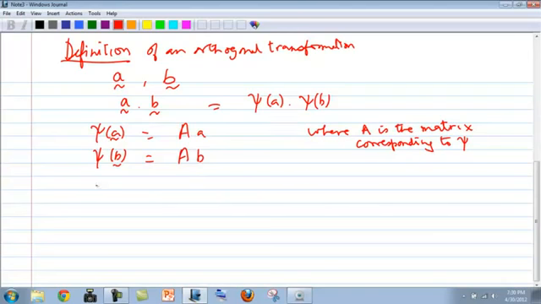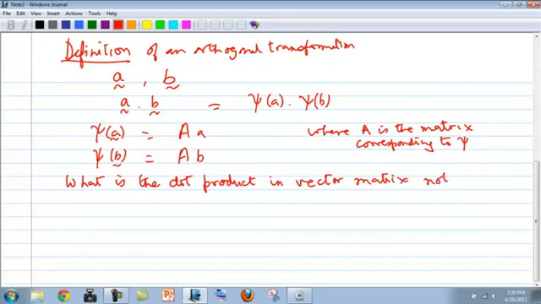How do I compute this? So what's the dot product in vector matrix notation? So let's take an example.